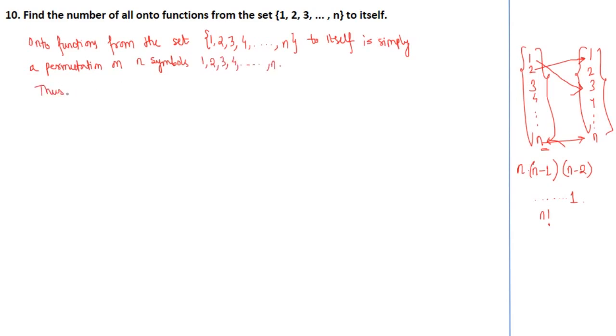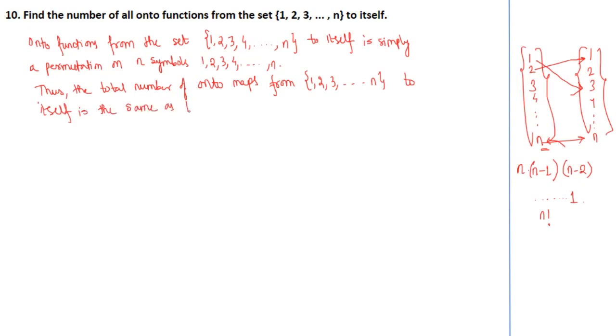Thus we can say the total number of onto maps from 1, 2, 3 to n to itself is the same as the total number of permutations on n symbols 1, 2, 3 up to n, which is n factorial.